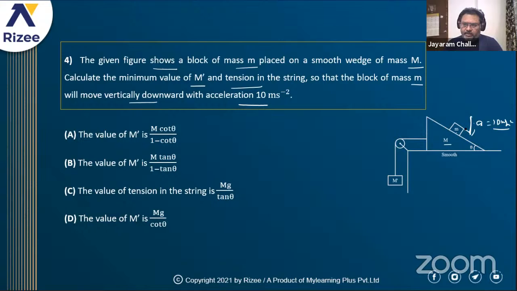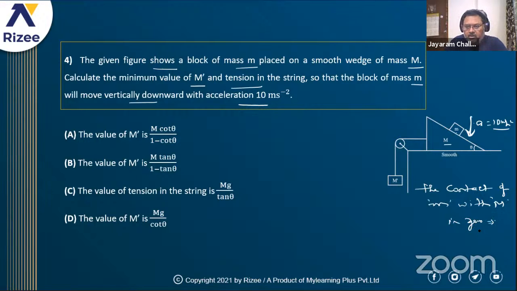So when it is moving with an acceleration of 10 meter per second square, then what will happen at this particular instant? Then the contact of this m with capital M is 0 or no contact, or the N value will become 0.